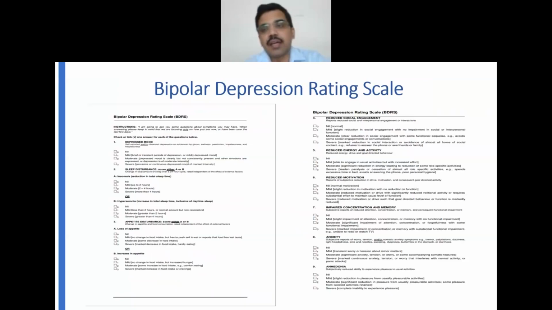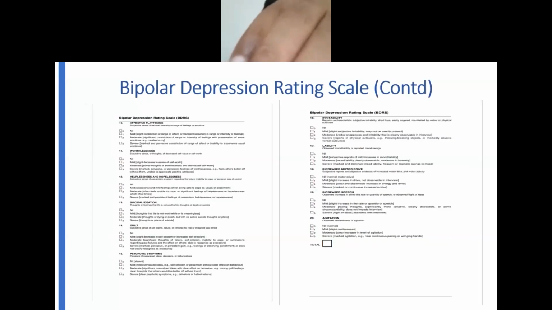This is another interesting rating tool, the Bipolar Depression Rating Scale. Many items you can see as an overlap with HDRS, but the change you can see is that most of the questions are framed around the depressive symptoms to elicit history regarding them. Items 16, 17, 18, 19, and 20 are designed to tap mixed features only.